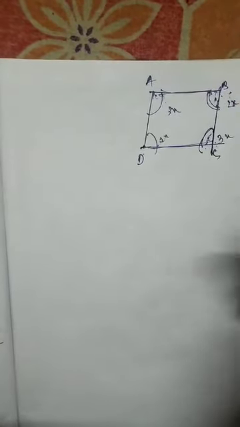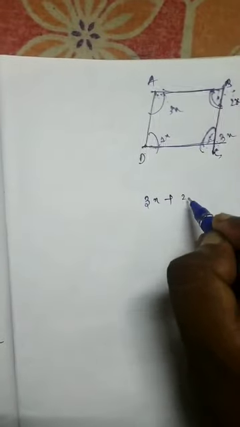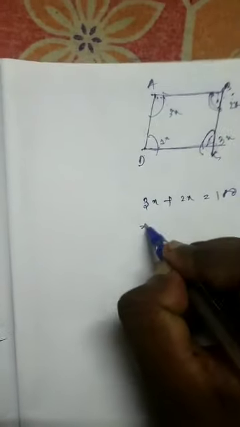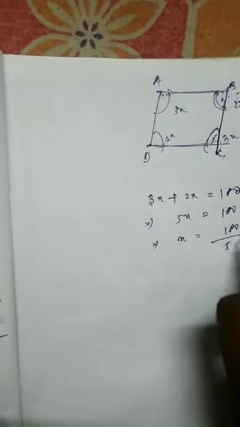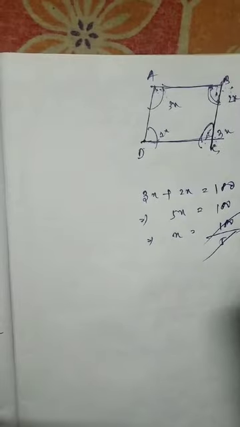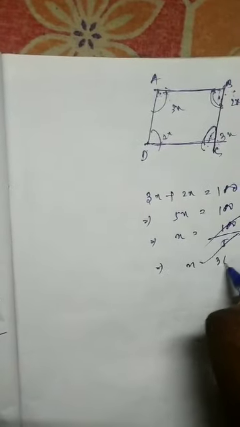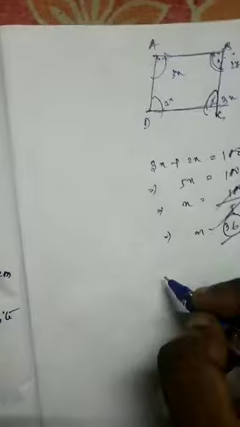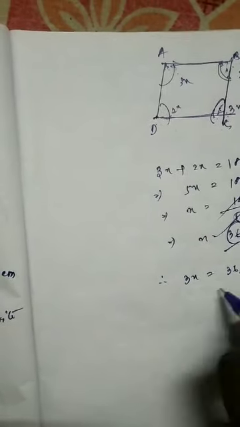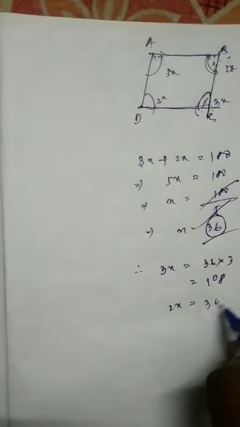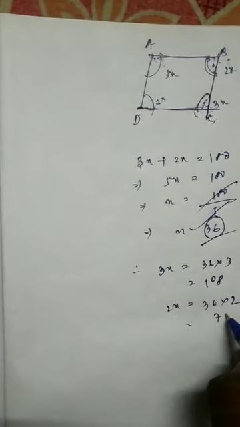So I'm going to write: 3x plus 2x is equal to 180. 5x equal to 180. x equal to 180 by 5. The value of x is 36. Then 3x is equal to 36 into 3, 108. 2x equal to 36 into 2, 72. I got the measures of these angles.